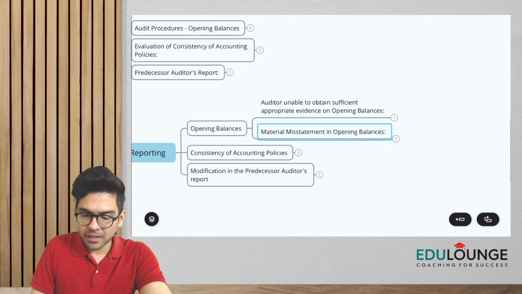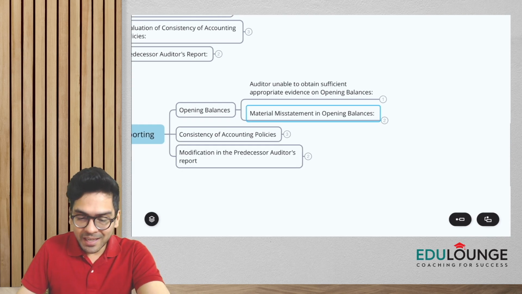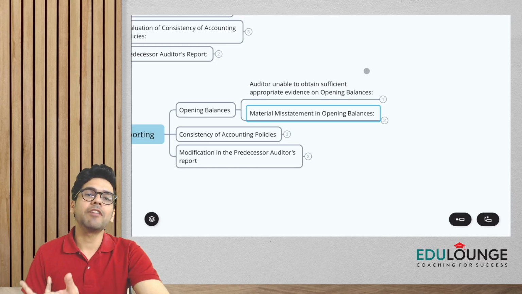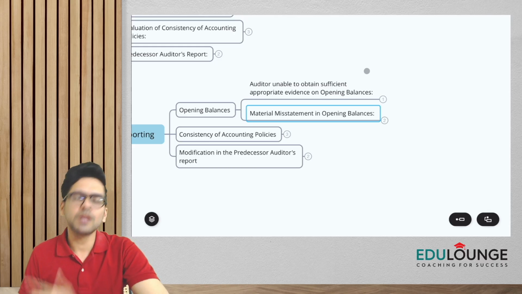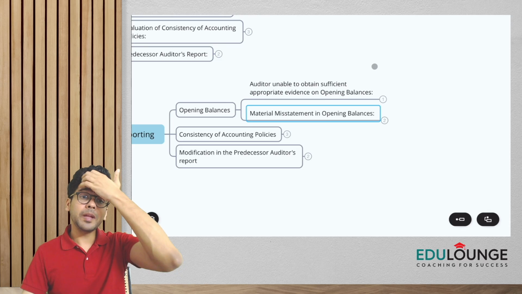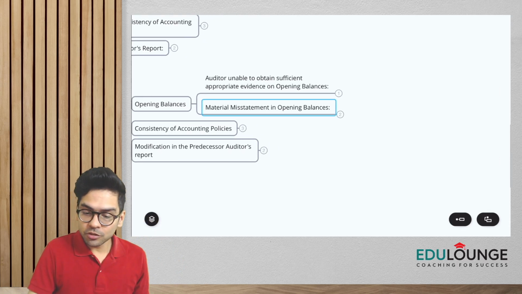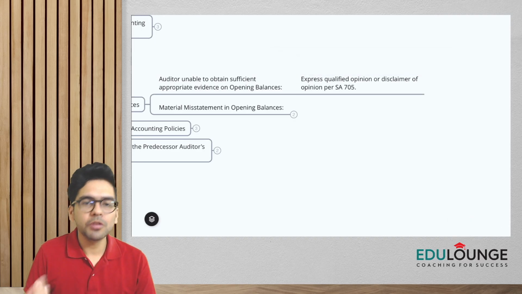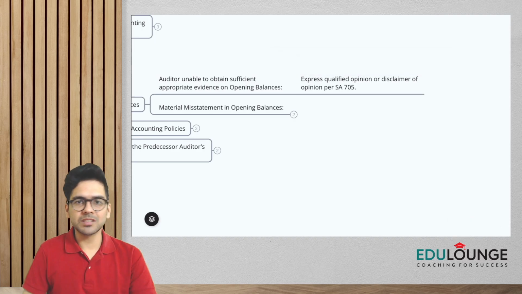See the points, guys. If you are unable to obtain sufficient appropriate evidence on opening balances, then what are you going to do? In this case, you have to either give a qualified opinion, or you might have to give a disclaimer of opinion as per 705.